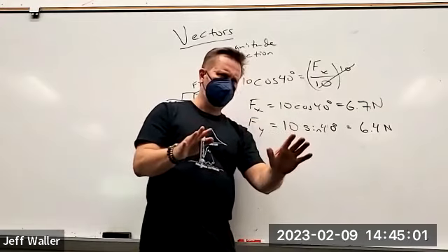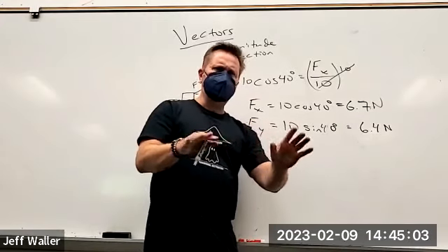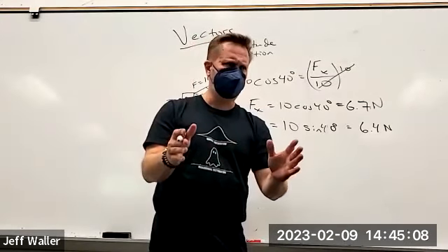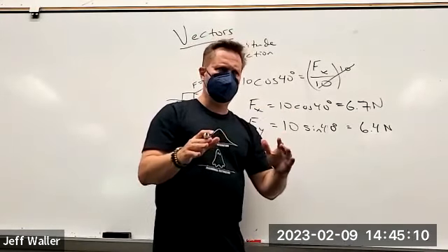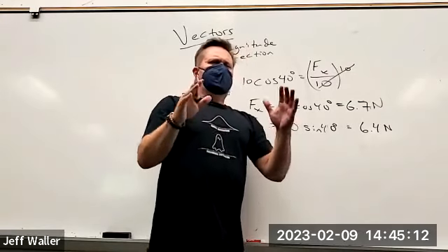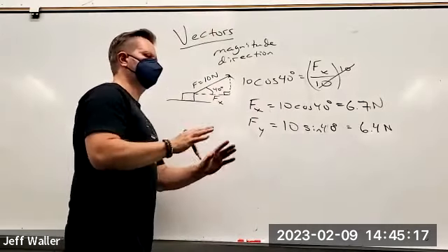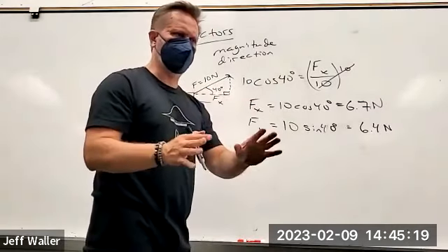Does that make sense? Are you guys used to breaking vectors up into their components? Have you guys been doing that at all? It's basically what we just did, right? Okay, so here's what's really cool. This is not a true statement, but it is a nifty way to remember things.